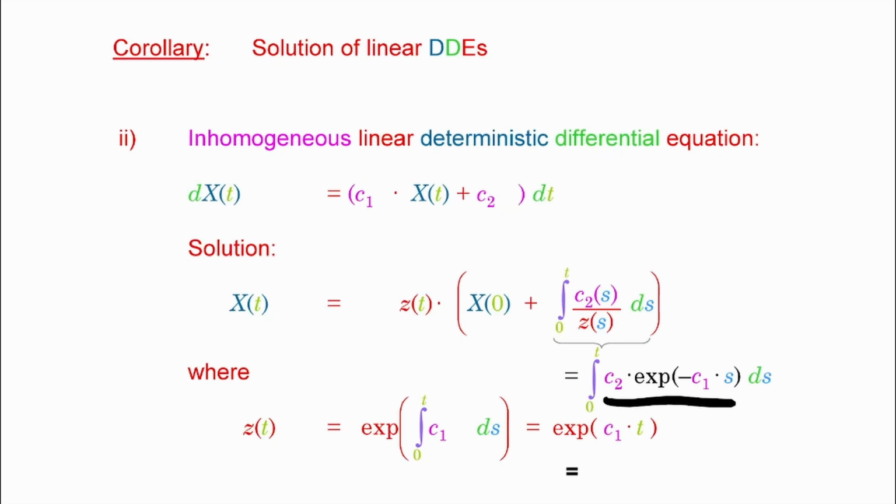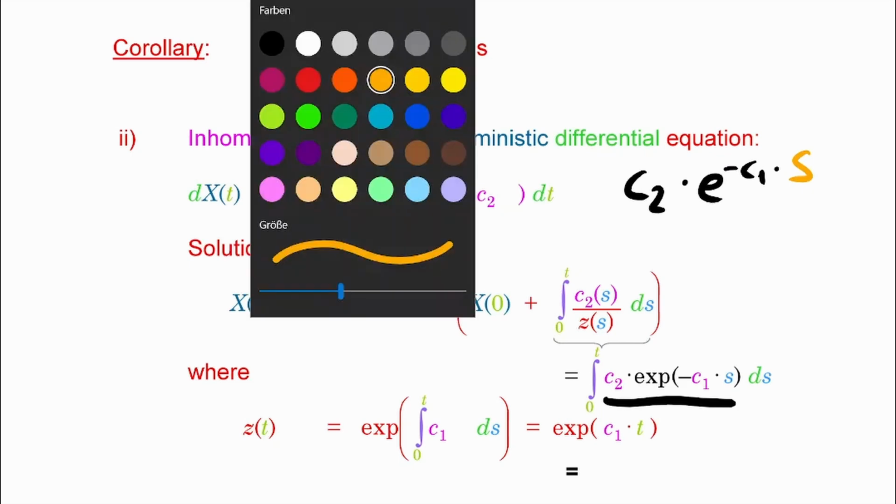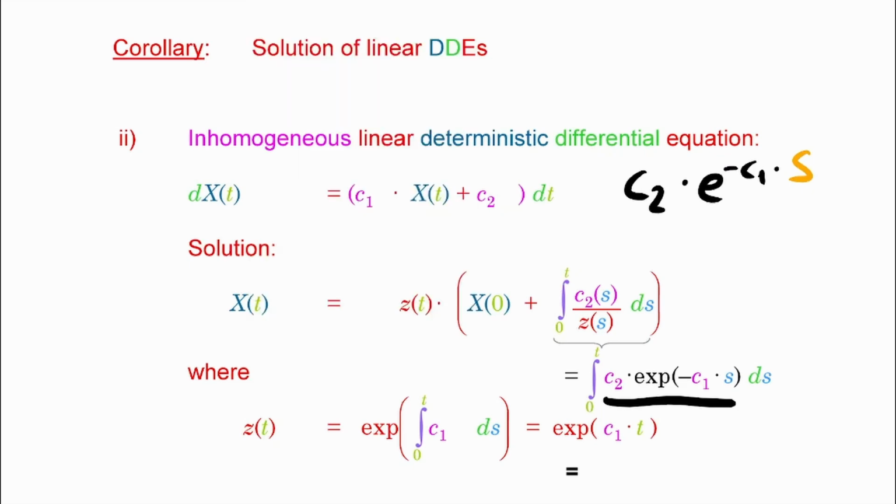Maybe if I rewrite it a little more efficiently: C2 times e to the power of negative C1 times s, and I'm going to look for the antiderivative with respect to s, of course. C2 is a constant, so that doesn't disappear. If you differentiate that with the chain rule, you would find that the inner derivative would be negative C1.